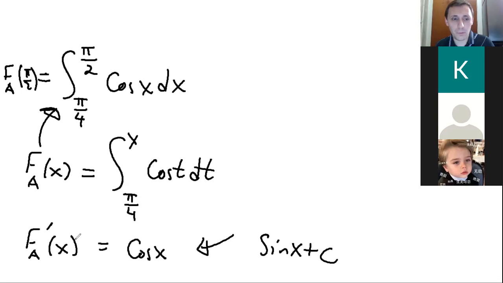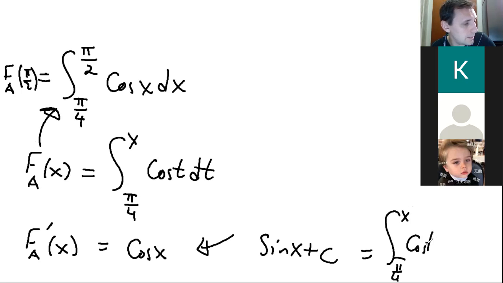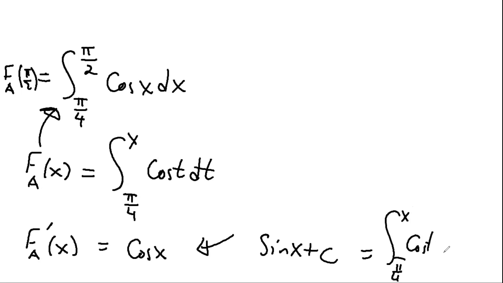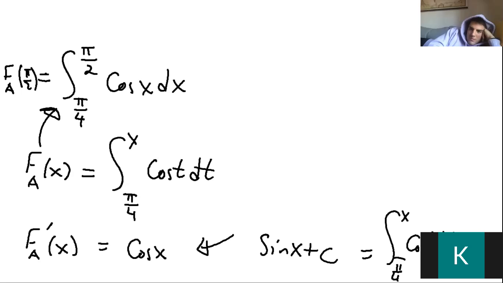So what's this function? I'm trying to find this particular function. What I know about it is that my integral from pi over 4 to x of cosine t dt is equal to sine x plus c, but I need to know which specific c I will get.